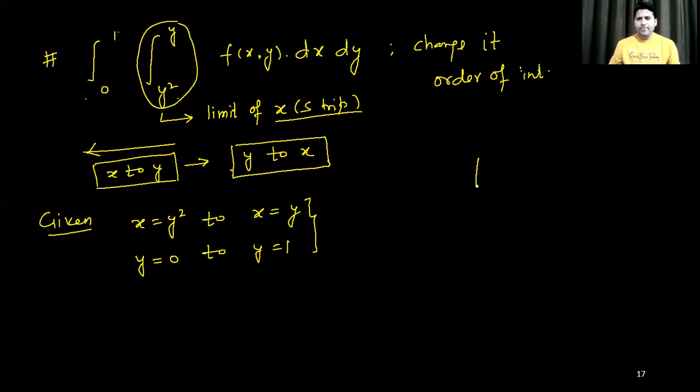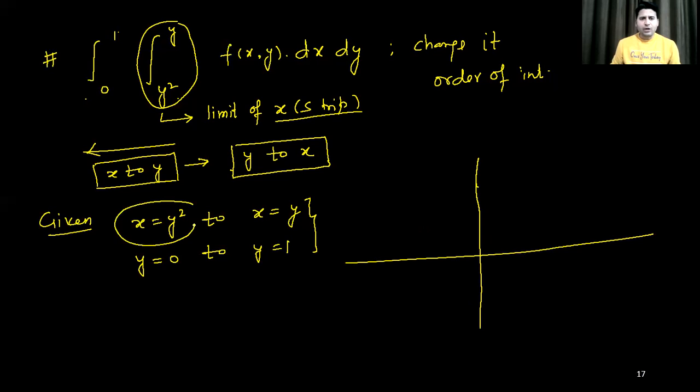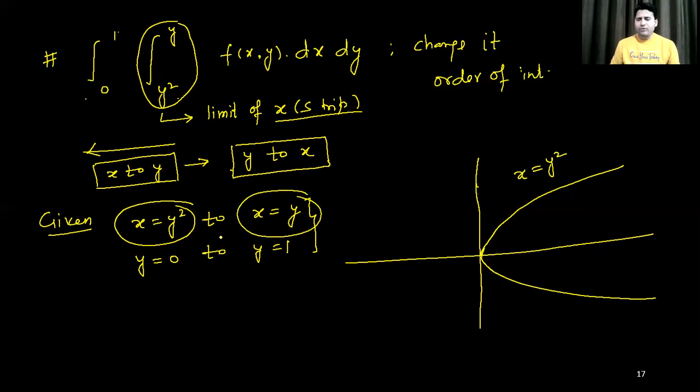If you see, one parabola is given and one line is given. This is a parabola on the positive x-axis, x equals y square. If I draw it, it looks like this. This is x equals y square. Another we have is y equals x.